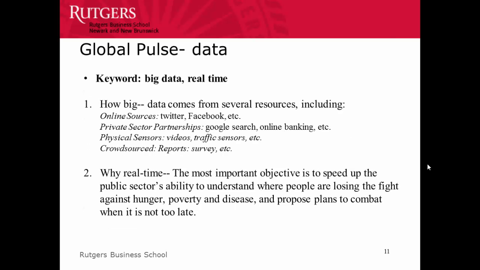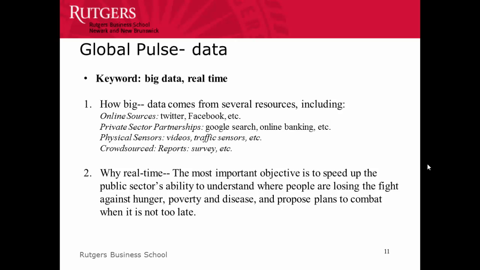There are two keywords in the Global Pulse initiative. One is big data, the other one is real time. Because they are governmental entities, they have wider access to large amounts of data. As I listed here, they can obtain data from social media and online sources like Twitter, Facebook, online forums, and so on.